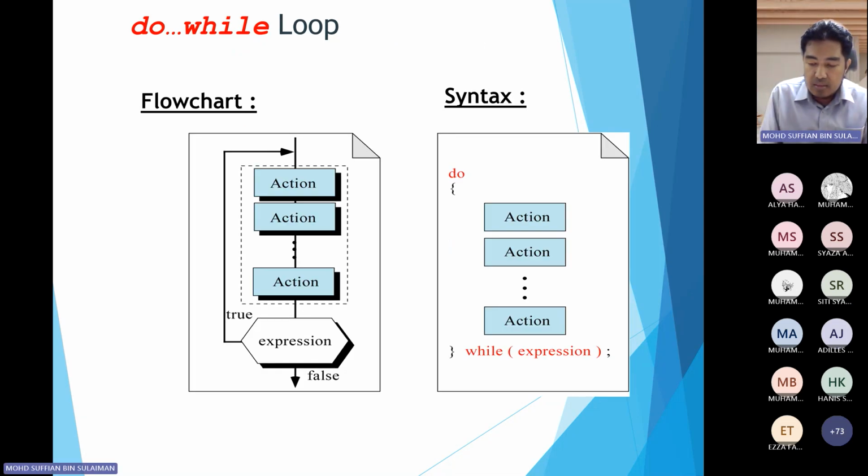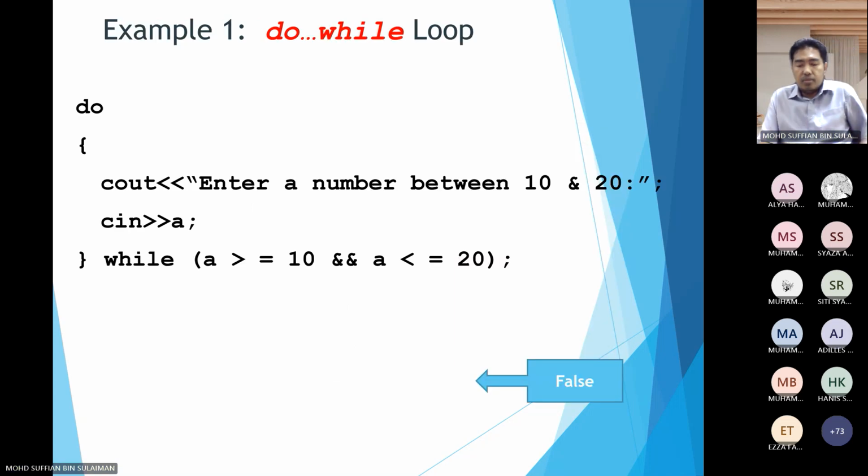Again, ni sama je lah. Look at the example. So do, we do this statement first: enter a number between 10 and 20. Request the user to enter A. Let's say this is the output.